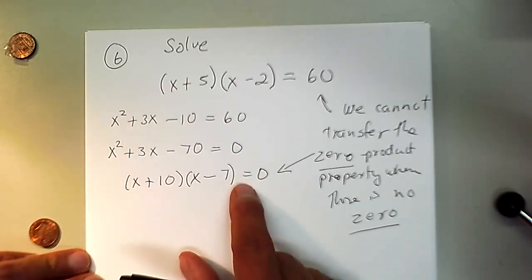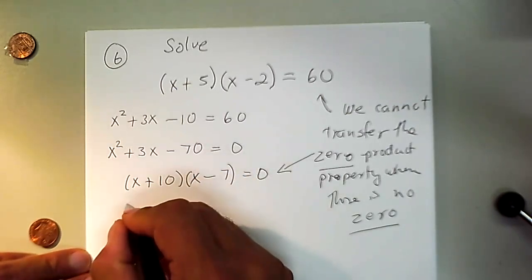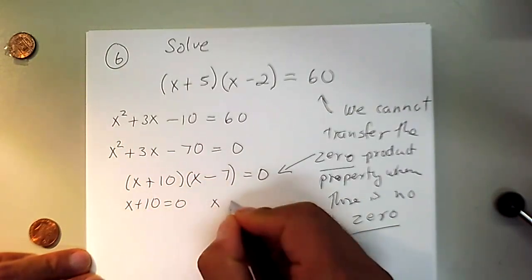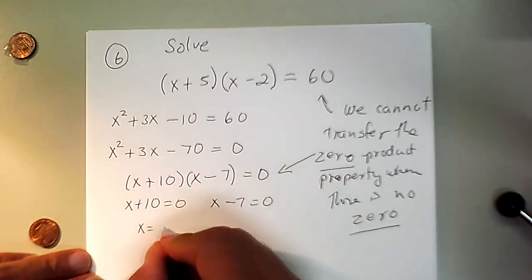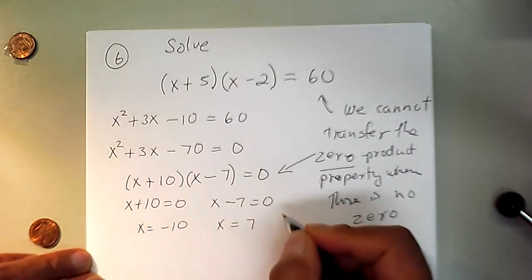When we have that, we may split this into two sub-equations. On one hand, x plus 10 is equal to 0. On the other hand, x minus 7 is equal to 0. So x equals negative 10, or x could be equal to 7.